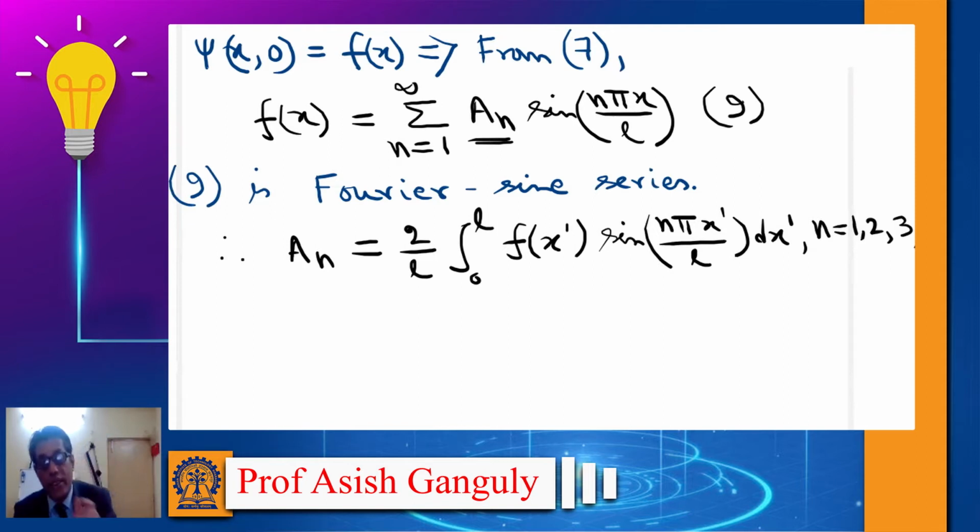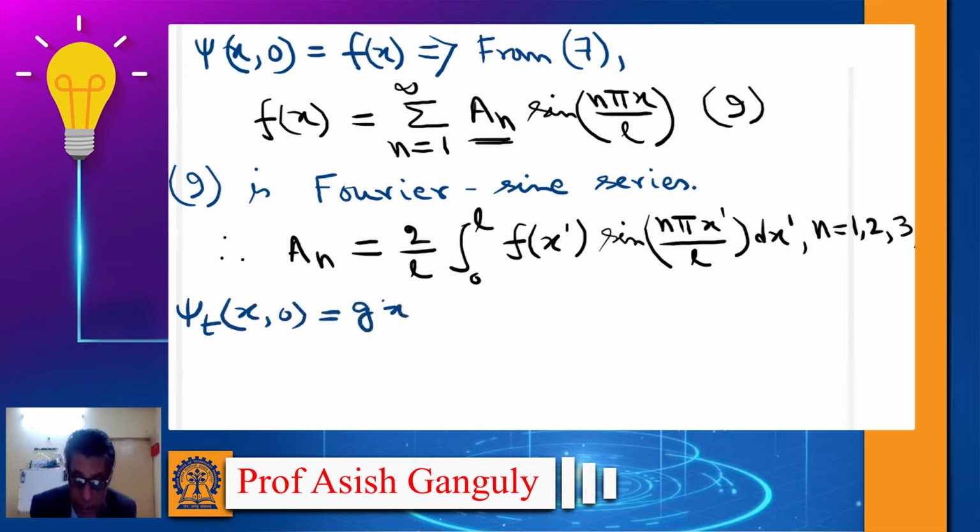So you get an already. x' is used as a dummy integral variable. Okay, so now use the second condition, psi_t(x, 0) equal to g(x).